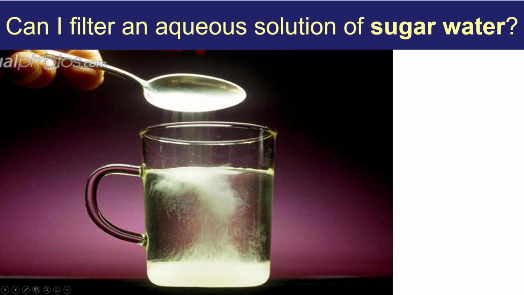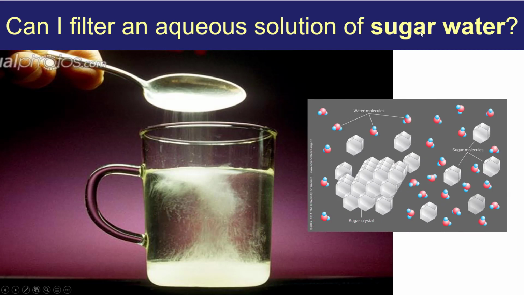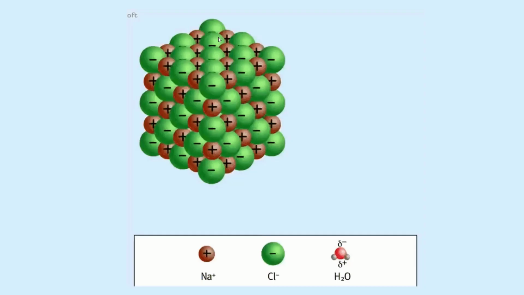One of the questions I get all the time is, can I just make a filter and filter out whatever the solute is that was dissolved in water, in this case some sugar water? The simple answer is no, and it has to do with the size of the particles after something has been dissolved and turned into an aqueous solution. Let's take a look at this animation here.